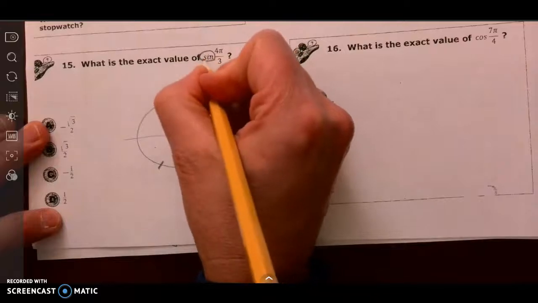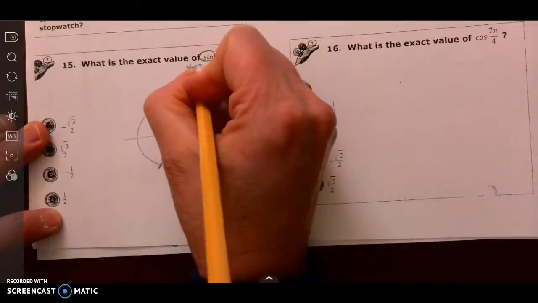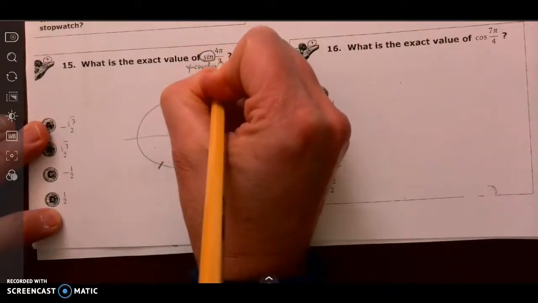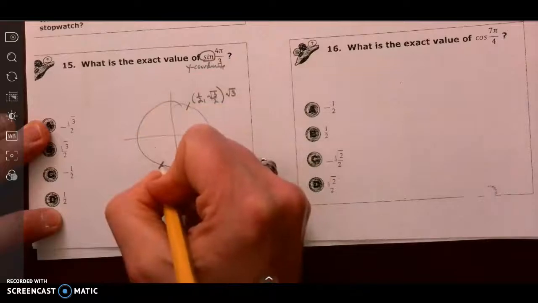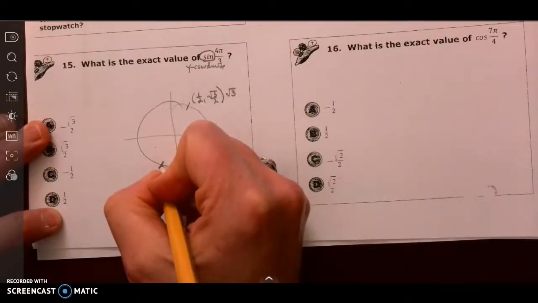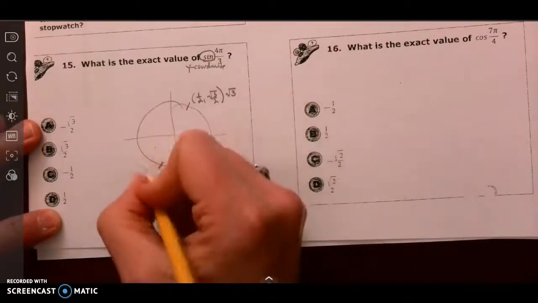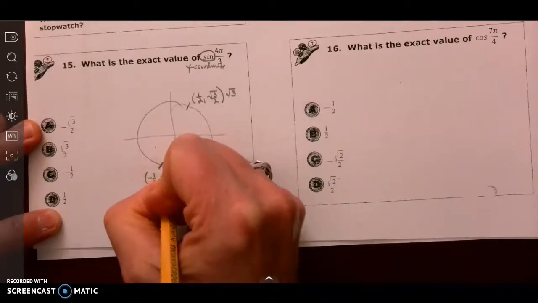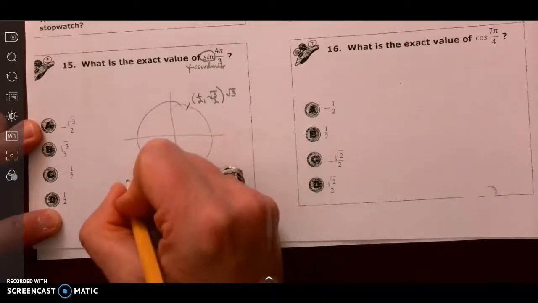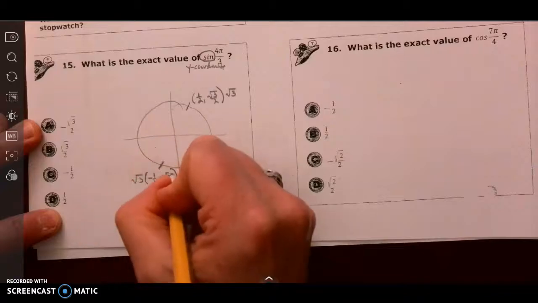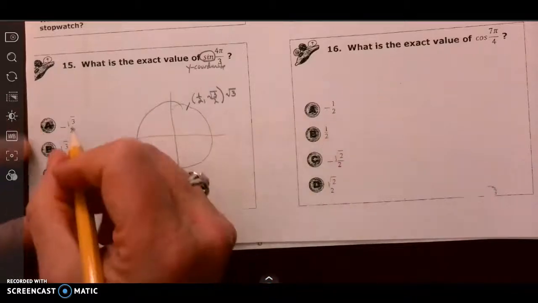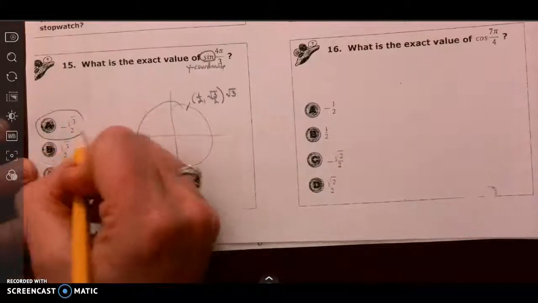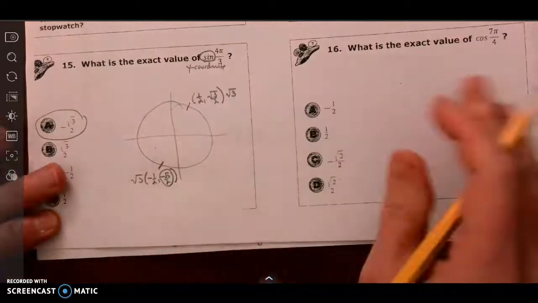Sine is the y coordinate, and my y coordinate here would be negative. So this is negative 1/2, negative square root of 3 over 2, and positive square root of 3. My y coordinate is negative square root of 3 over 2.